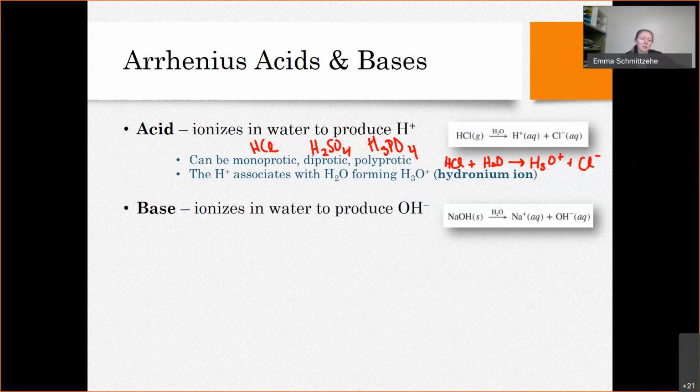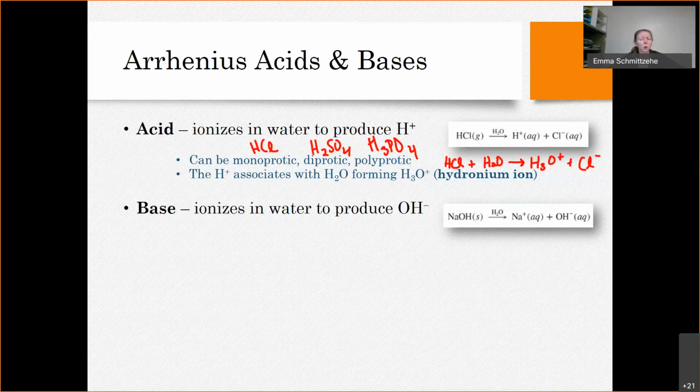So when that acid releases H plus, it doesn't stay H plus. It's attracted to the negative end of a water molecule. So it's in a solution of water, and that positive charge goes and sticks to a water molecule, and it forms what we call a hydronium ion.